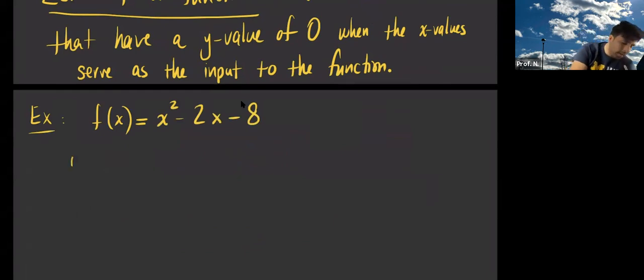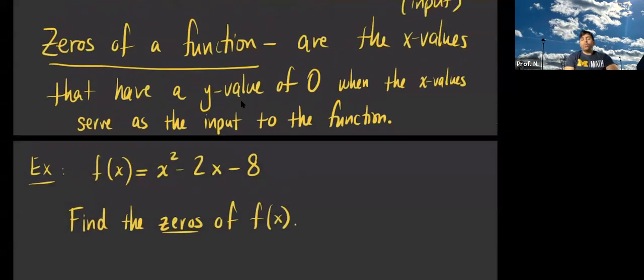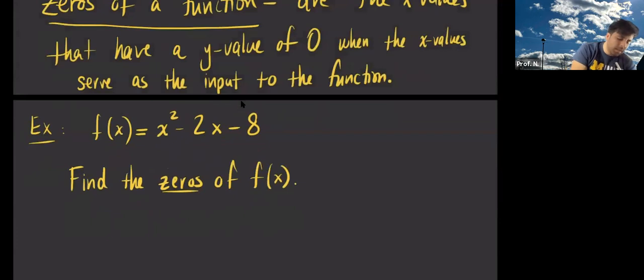And I say, hey, find the zeros of f of x. I want to find the zeros of my function f of x. Well, remember, the zeros are the x values whose y value is 0 when the x value is placed inside the function. So then this means that I'm going to set my function equal to 0.